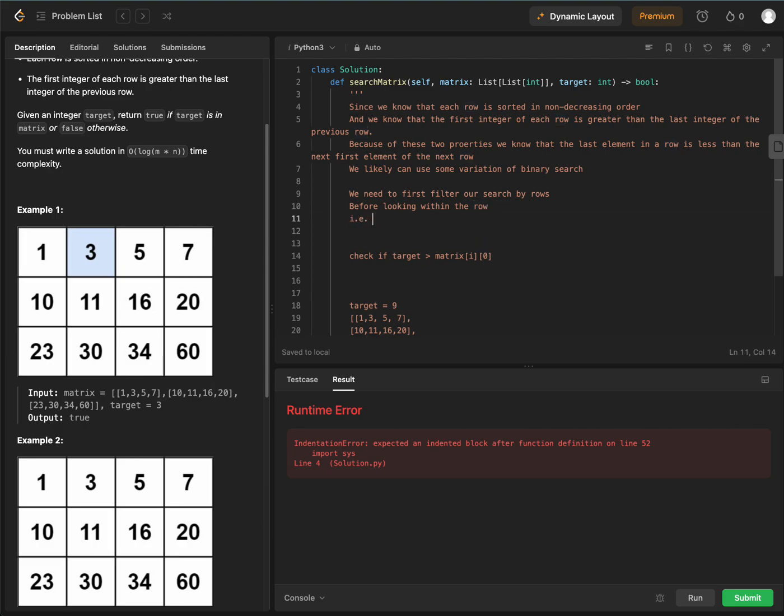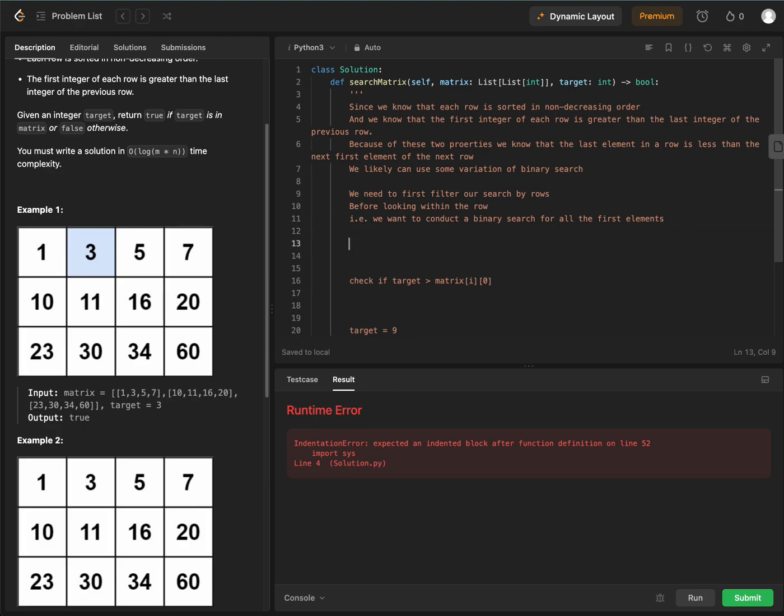That is, we want to conduct a binary search among all the first elements.